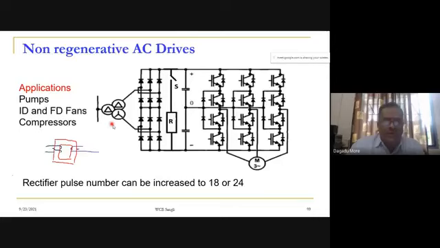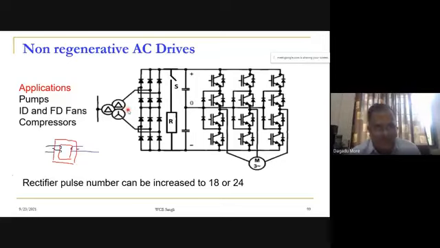So this is a 3-phase delta-star transformer. What is the purpose of this? Why do we require this delta-star transformer? The primary is delta, but why do we require two windings at the secondary, one connected in delta and the other in star?